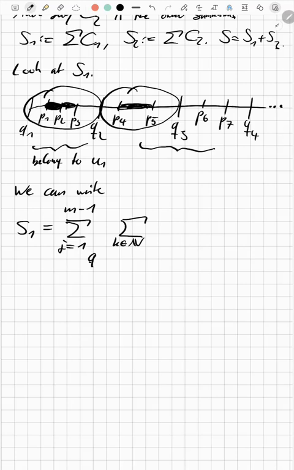So this is qj less than pk less than pk plus 1 less than qj plus 1. And over all of these indices k, we will then finally sum up gamma pk minus gamma pk plus 1 squared.